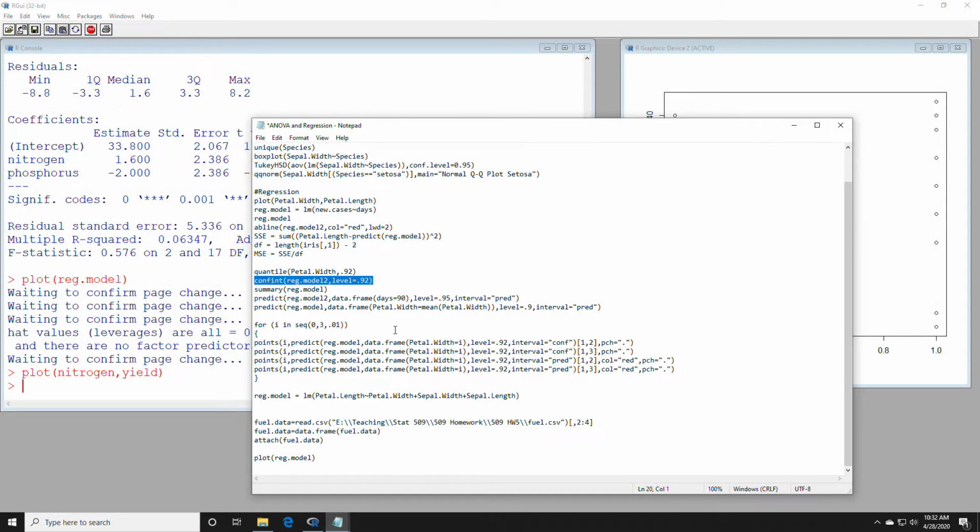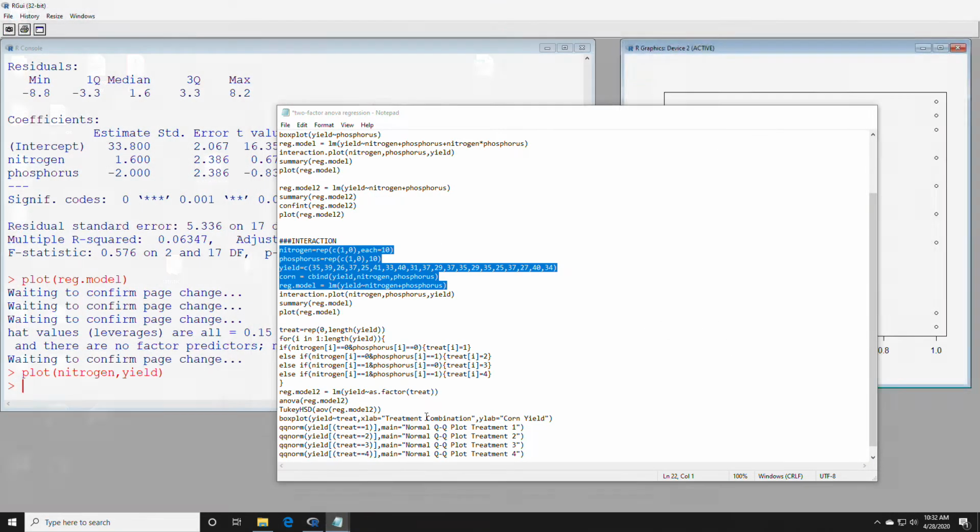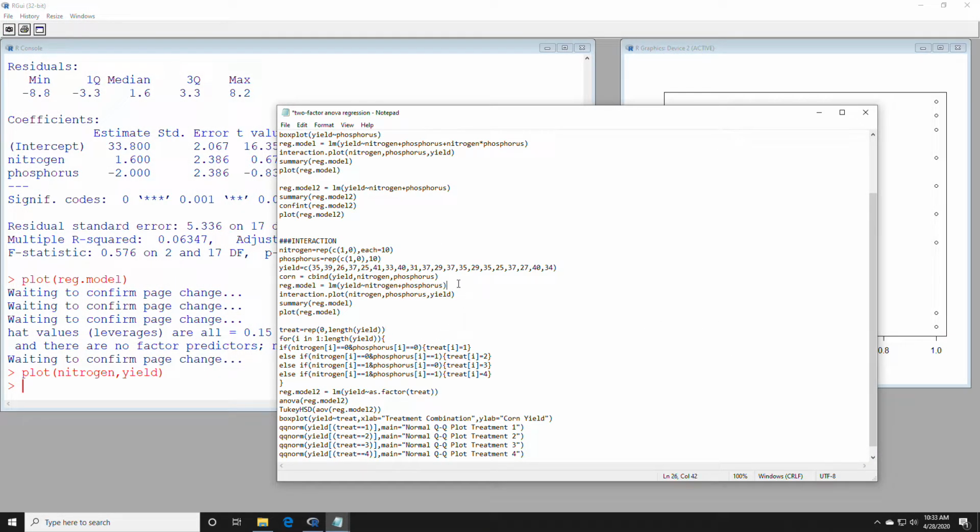Okay, because we still clearly had some curvature in that interaction plot, which usually indicates a squared term or interaction term. And if the scatter plots between nitrogen and yield and phosphorus versus yield don't show an evident squared pattern, that is further evidence that we might want an interaction term.